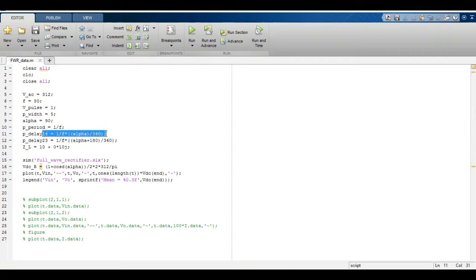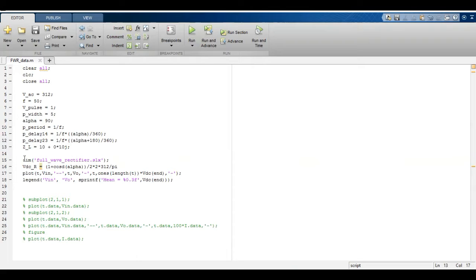So this is the expression which I have to use to convert degrees to seconds, and this is the specified load. First I will test my waveform for the resistive load, and then I will change my load to RL load by specifying a value for this imaginary part of ZL.